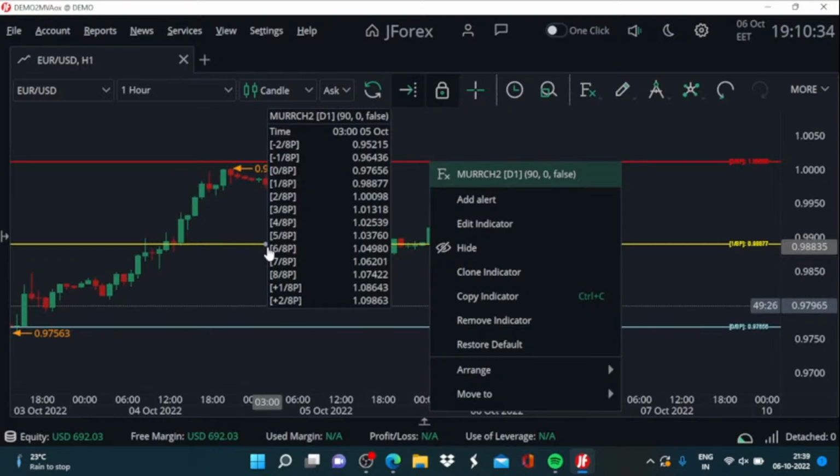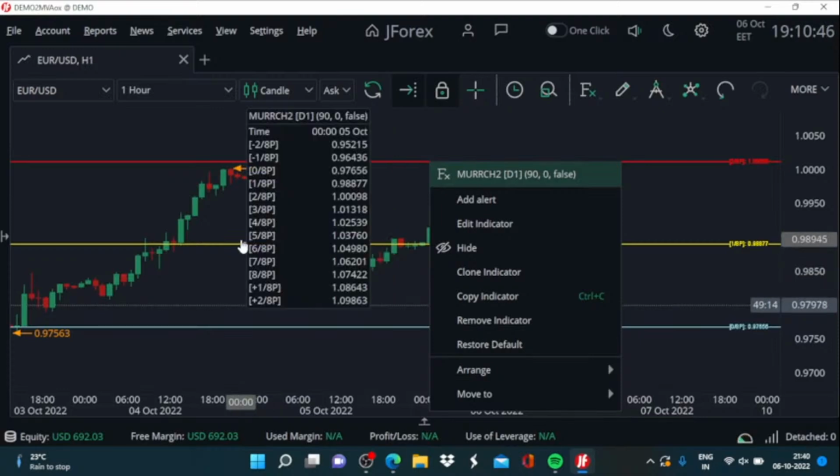So both these lines are utilized to determine the support and the resistance. The negative lines, the minus 2/8 and minus 1/8 pivot points, are used for finding the support zone, and the plus 1/8 and plus 2/8 pivot points are used to look for the resistance zone.